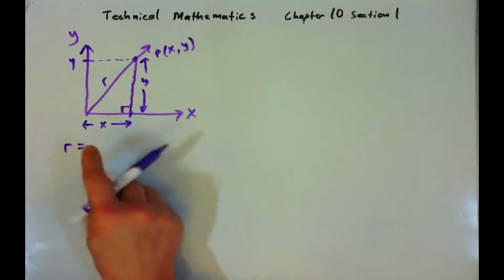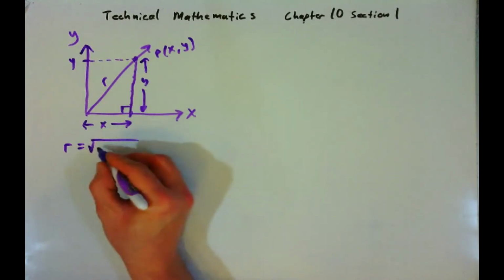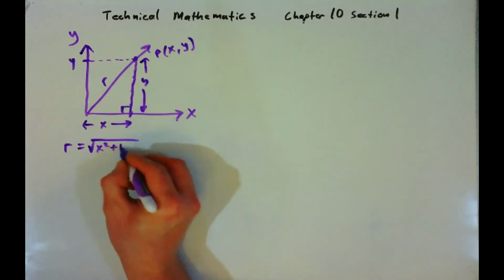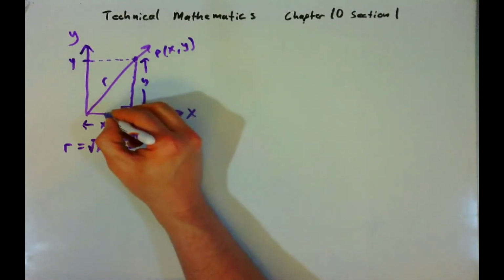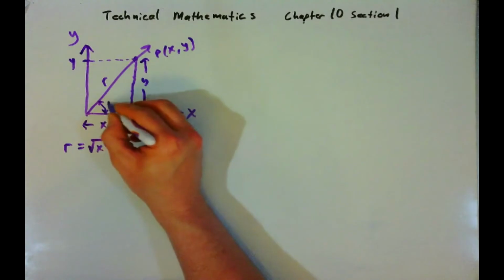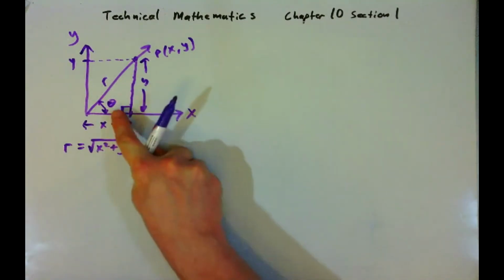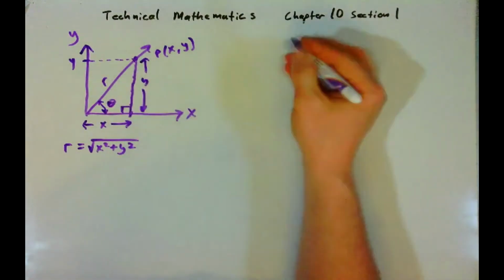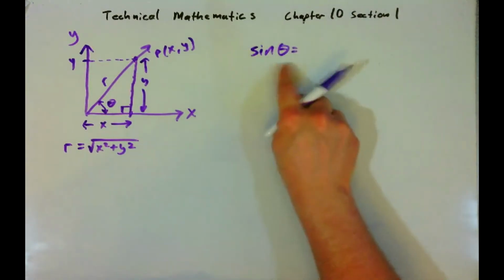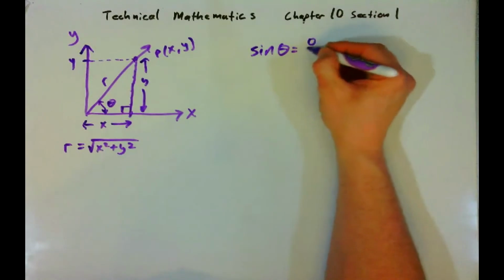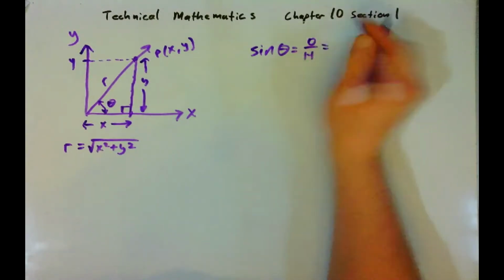And we've already seen that r is the square root of x squared plus y squared. That's the Pythagorean theorem. And the angle formed is this angle here. Let us look at the trig functions for this angle. So for example, the sine of theta. The sine of theta is defined as the opposite divided by the hypotenuse.